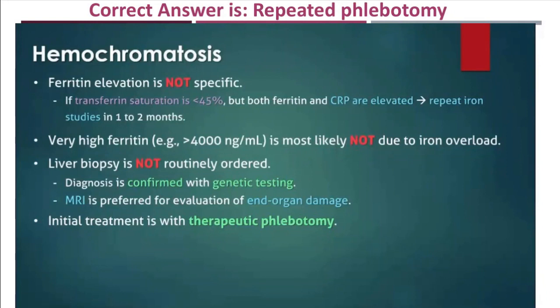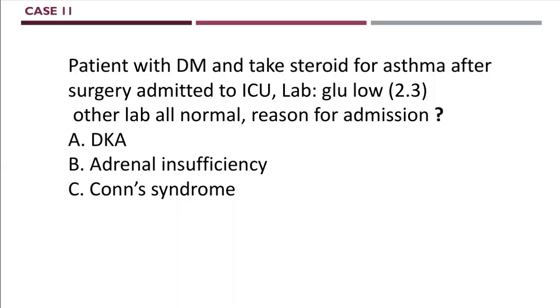From this slide, I just want you to remember the figure 500. When the ferritin level is more than 500, you have to do phlebotomy and make sure it gets to less than 500, like in the 400 range. Why? Because you want to prevent the deposition of iron in the organs.